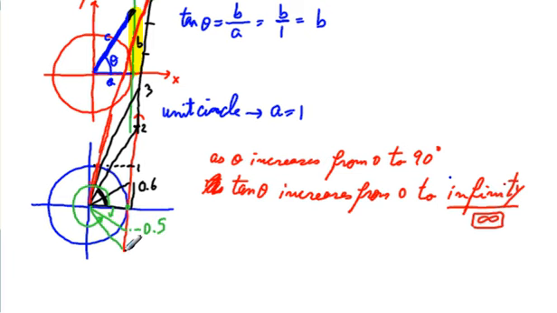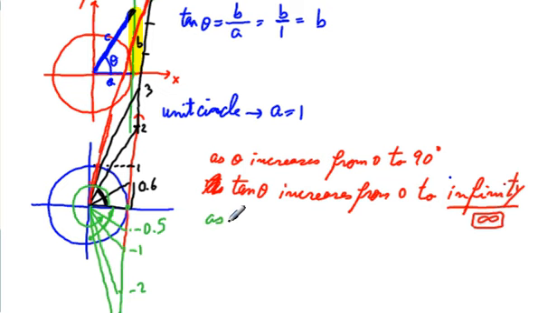What if my angle was like this? Almost looks like minus 1. I come down, it looks like minus 2, minus 3. So as this angle marches down toward minus 90 degrees, my angle is going from 0 to minus 90 degrees. What happens to its tangent?